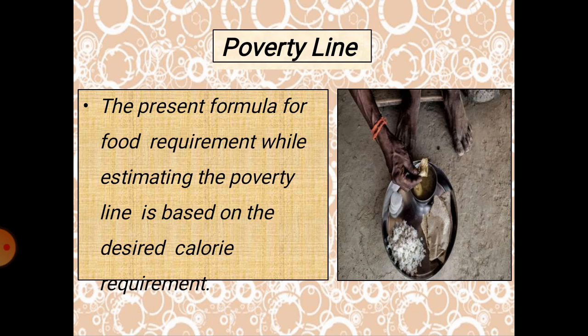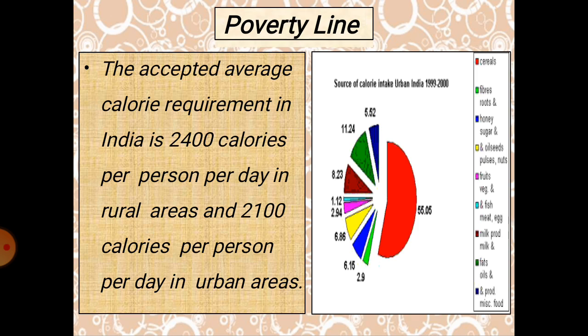Similarly, rice has more carbohydrates and fewer calories. So they calculate like that, and if a person is able to get the required calories, he will be considered above the poverty line, and if not, he will be considered below the poverty line. This is one important aspect.